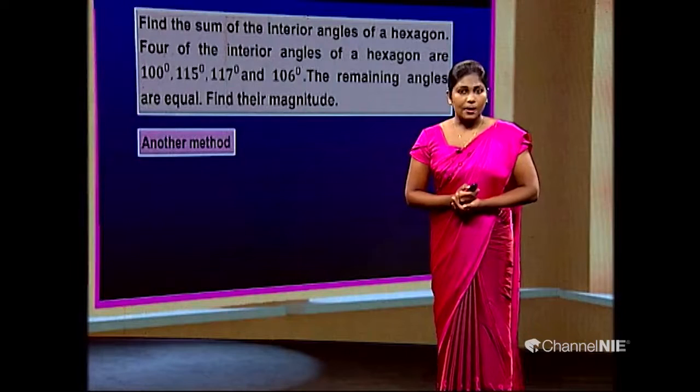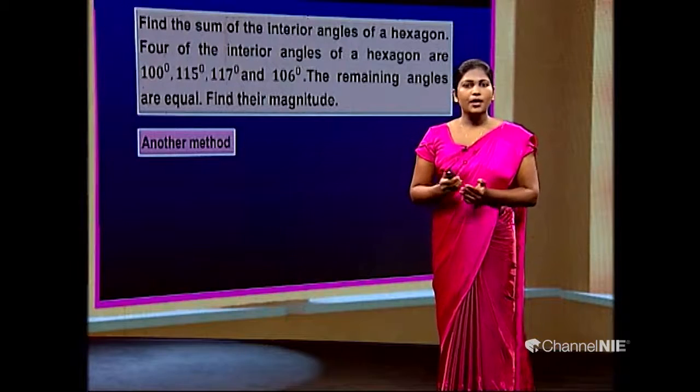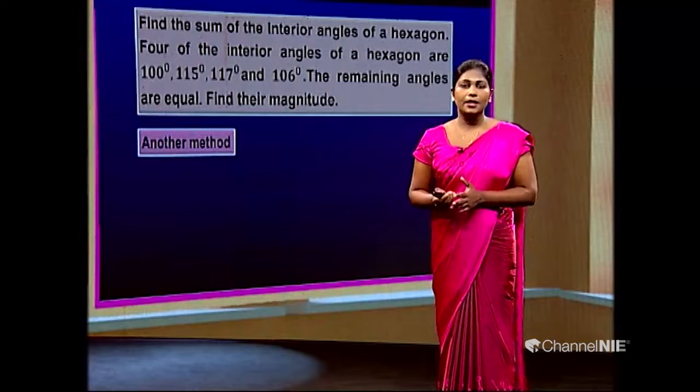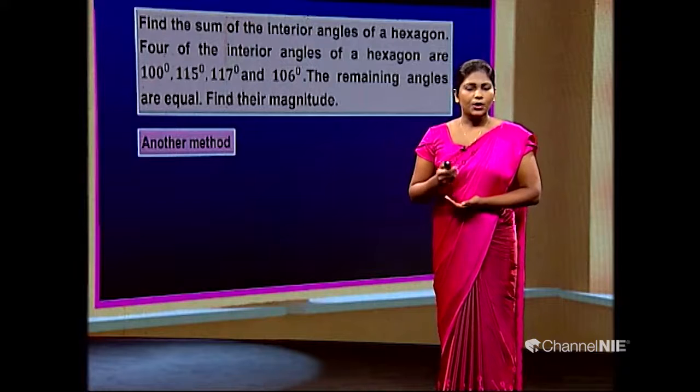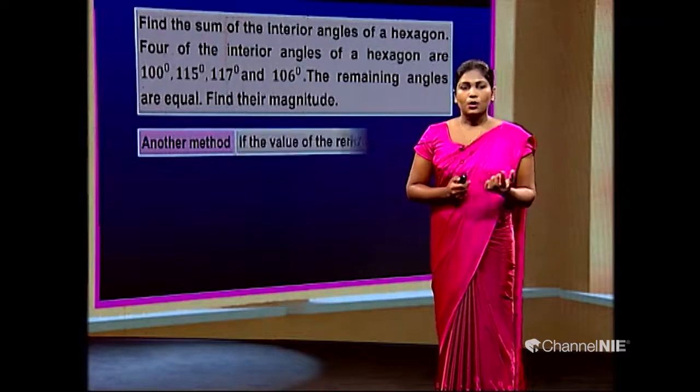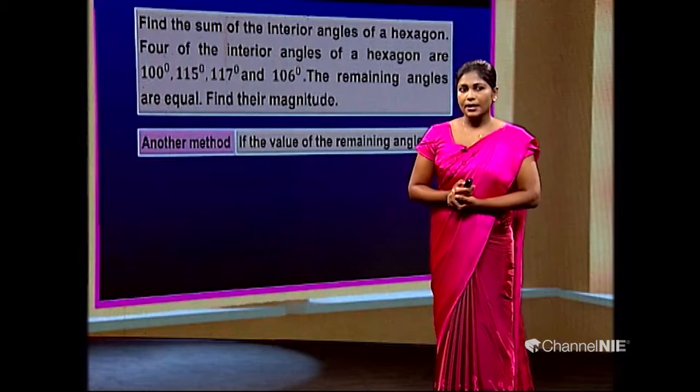What is that method? Look at this. The method number 2. First you can write these given data and others as an equation. You can take the unknown terms. That means you have to find the remaining angles.